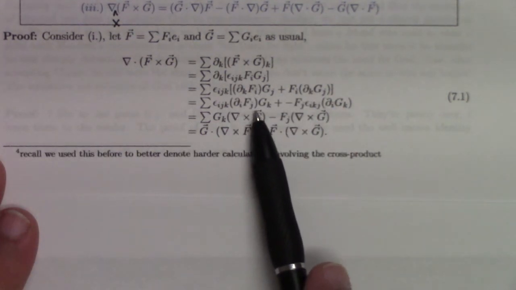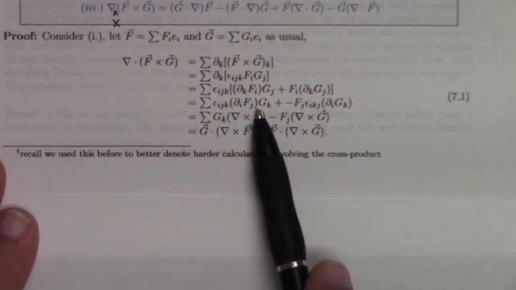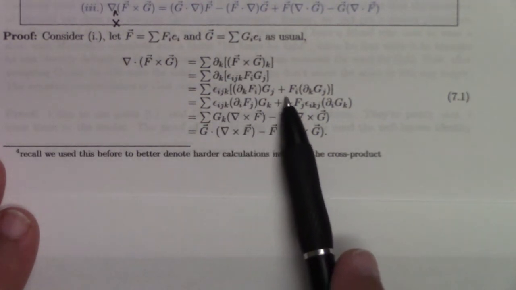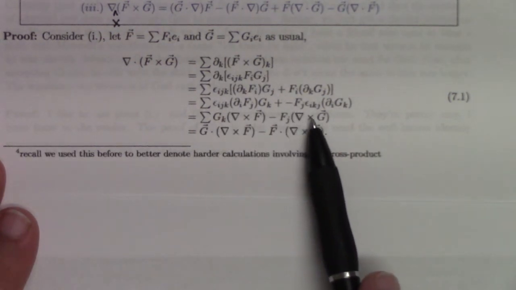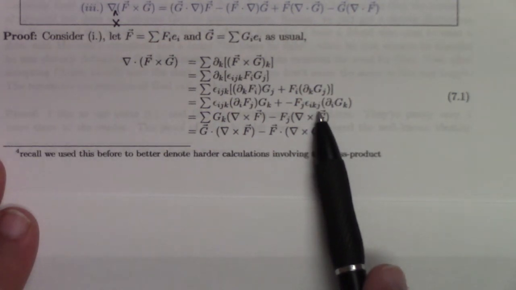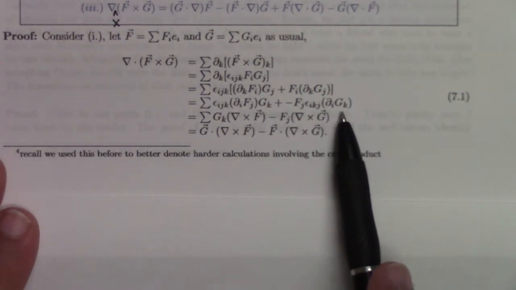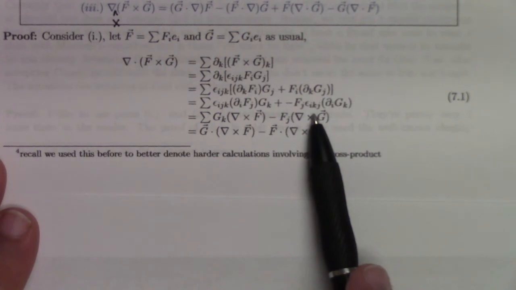And then what I did here was I kept the epsilon ijk for the first term, fine. And then I said minus fj epsilon ikj partial i gk.